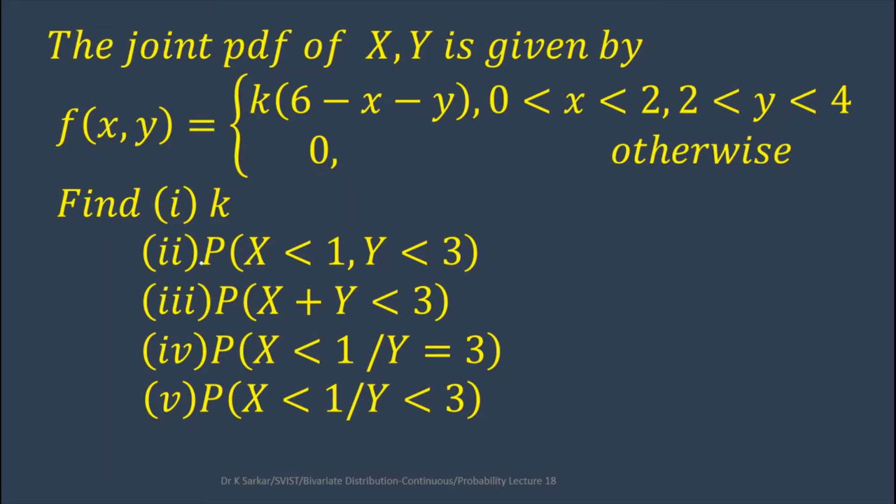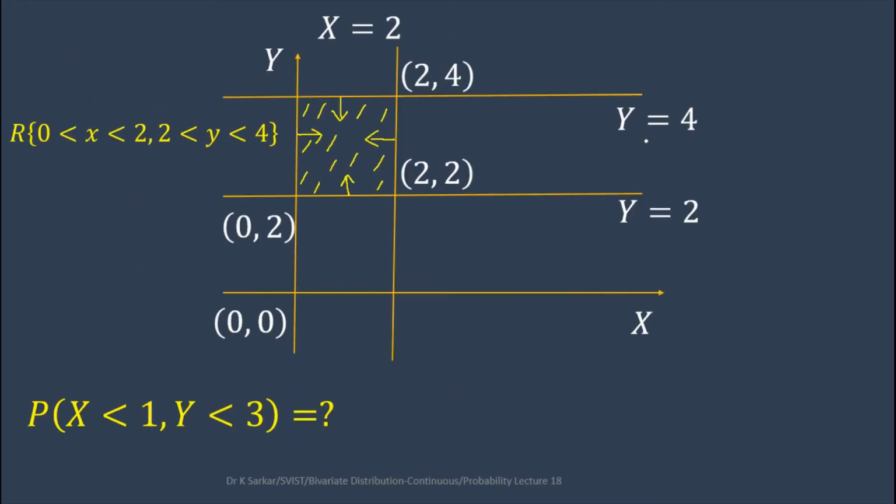Now we have to find the probability for x less than 1, y less than 3. Let us try to understand this given region in the diagram. Here, this is the x-axis and this one is the y-axis. For x less than 2 greater than 0, the line x equals 2 is drawn, and the y-axis is the x equals 0 line.